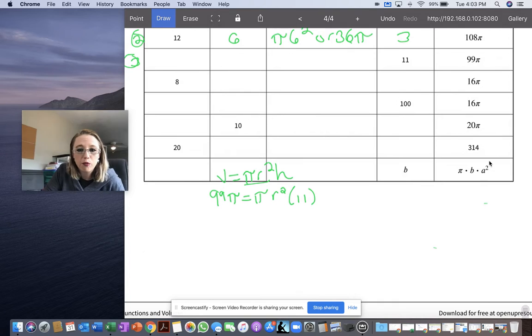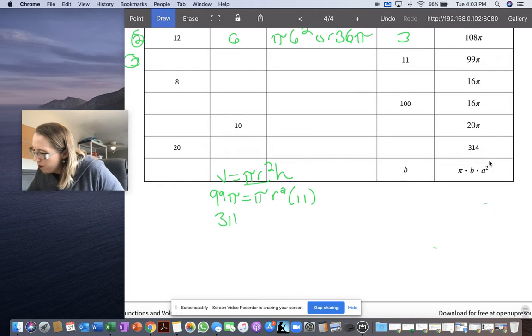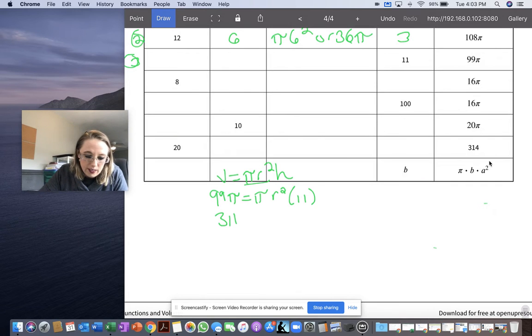I can't say it enough to get it into your heads. To solve this out, 99 pi is approximately 311, is what my calculator came out to be. If you look on this side, it might be a little confusing, but you can take pi times 11, combining like terms.